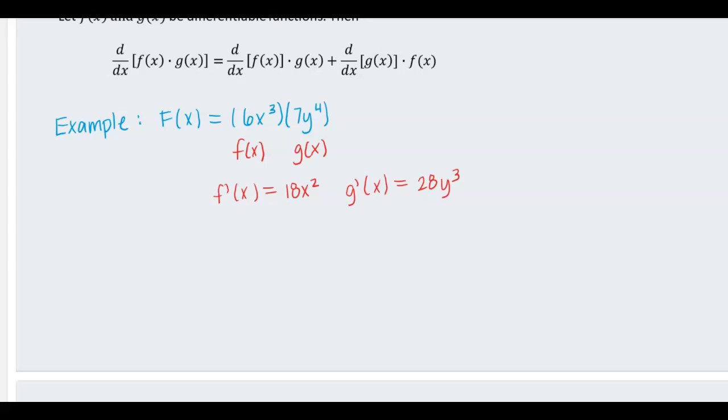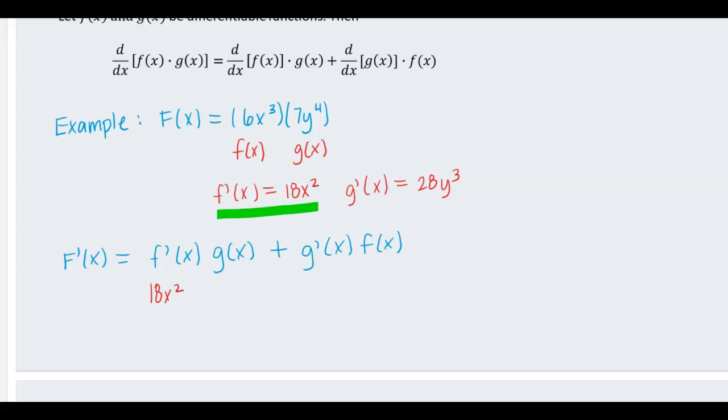So when I want to find the derivative of the product of those two functions, I'm going to take the derivative of the first function and multiply it by the second function. And then the derivative of the second function multiplied by the first function. So f prime of x is the 18x squared. We found that over here, right?